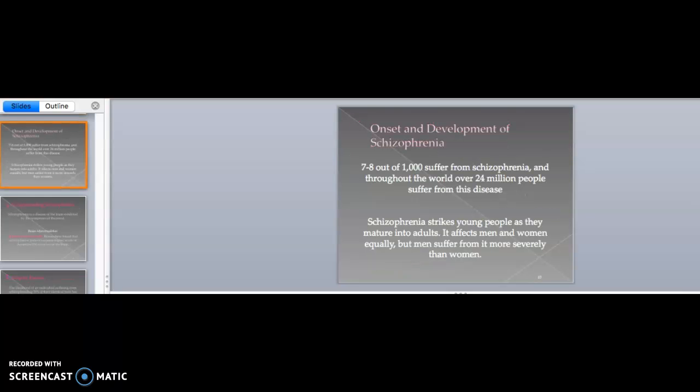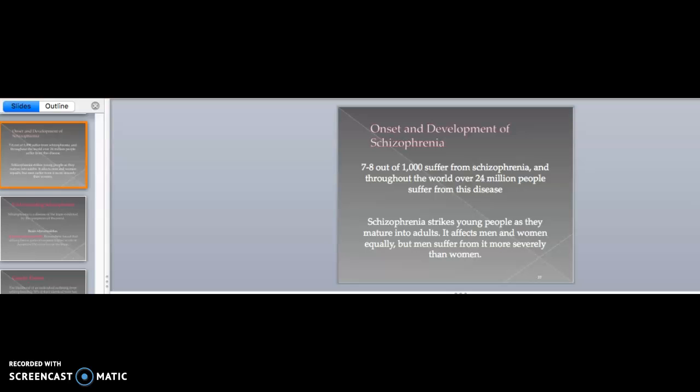The onset and development of schizophrenia is really interesting cross-culturally, in that it's largely, but not totally, a biological or genetic disease. This is one mental illness that is not thought to be caused by environmental stimuli, although usually there's an environmental event, a stressful event, that triggers the onset of symptoms.